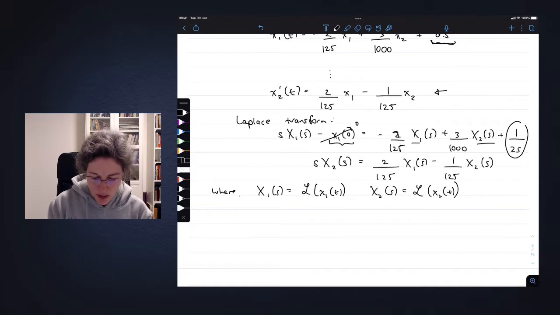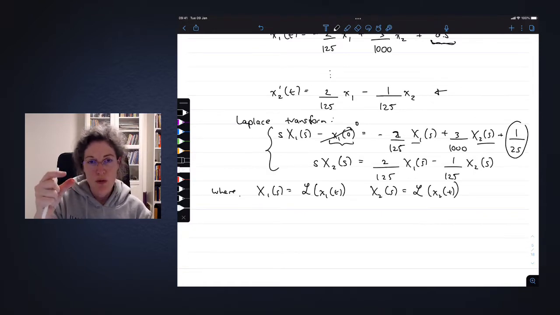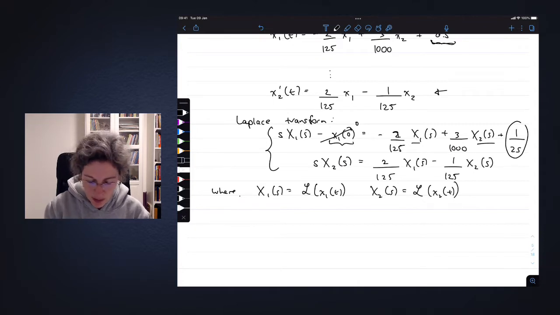So here we don't have two differential equations that we're trying to solve. Now we just have two linear equations that we want to solve in two unknowns. So you just use MATLAB or whatever.